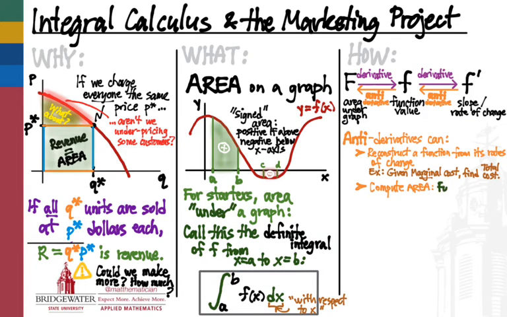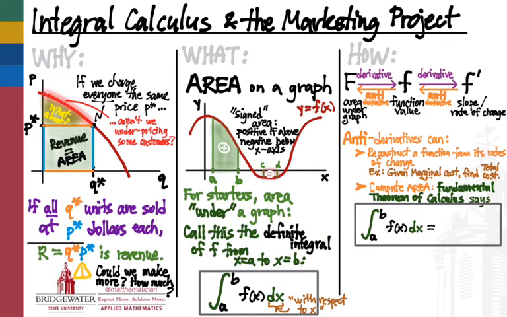But the one that we came here for does use the fundamental theorem of calculus to compute an area, to compute the value of a definite integral. And here's what the fundamental theorem of calculus tells us. It says that to compute this area, the definite integral from a to b of f of x, I need to do three things. I first need to find the antiderivative for the function f. So whatever the process is to undo a derivative, I'll do that, and I'll get a function which is the antiderivative of little f.